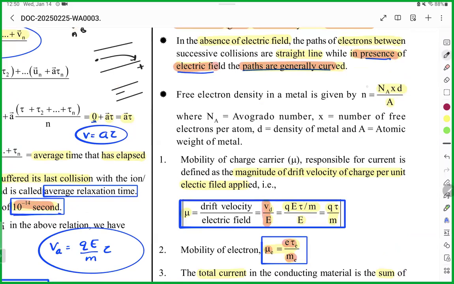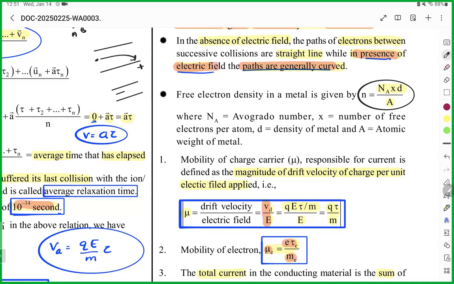What will be the number of free electrons? Why this formula? Because overall it is about the total number. If you have 1 kg of gold, then we first calculate the number of moles.